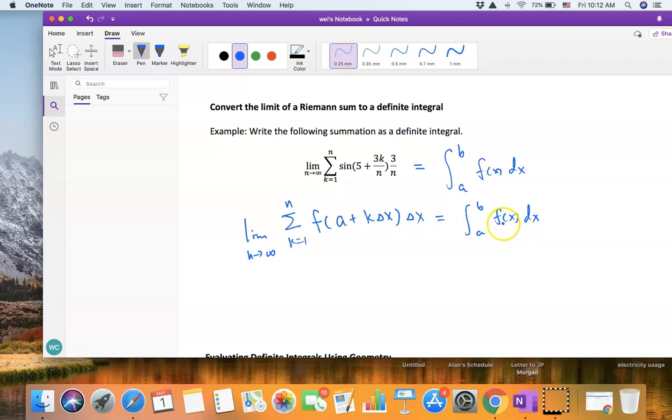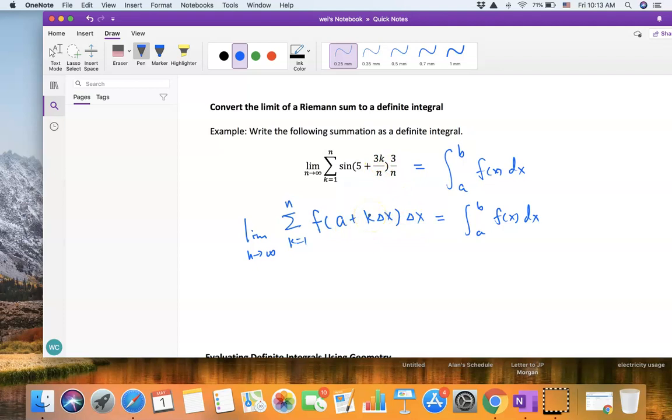If the function f(x) is integrable, if it's continuous. So to solve this problem, we want to compare these two summations. We want to match this formula with what we are given here and figure out what is the function and what is a and what is b.